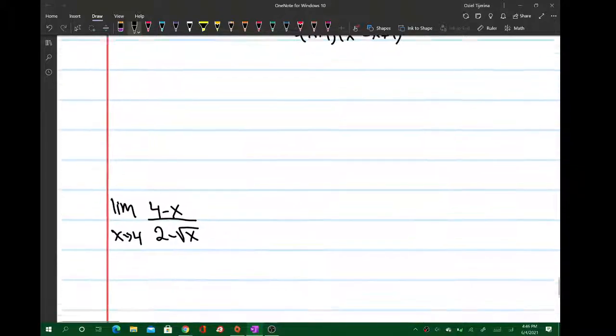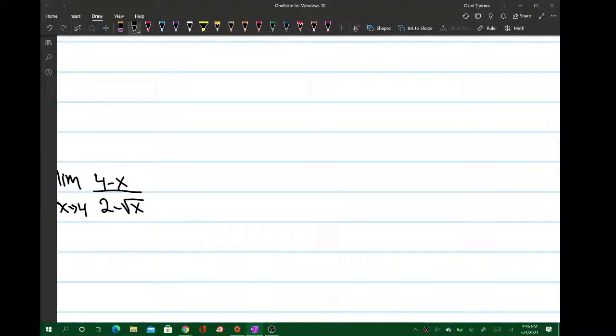Let's try to do one that is, for example, if we have the limit as x approaches 4 of 4 minus x over 2 minus square root x. Now let me first start with this.